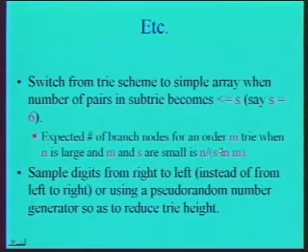Some other things people do is, instead of sampling the keys left to right, you may sample right to left, or you may sample in some random fashion using some pseudo-random number generator.